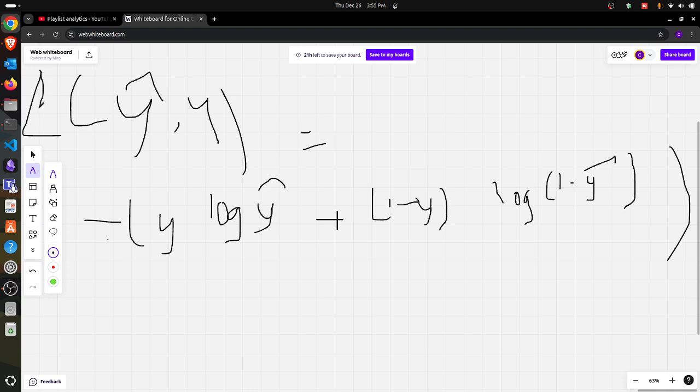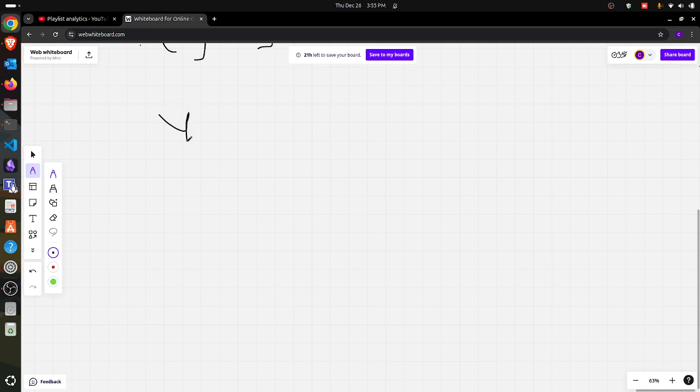This is L of y hat, y. If we are talking about the squared error, we need that to be as small as possible. And with this logistic regression loss function, we also want this to be as small as possible. So we want all things as small as they possibly can be. There are two cases in this equation. Let's explore when y equals 1.